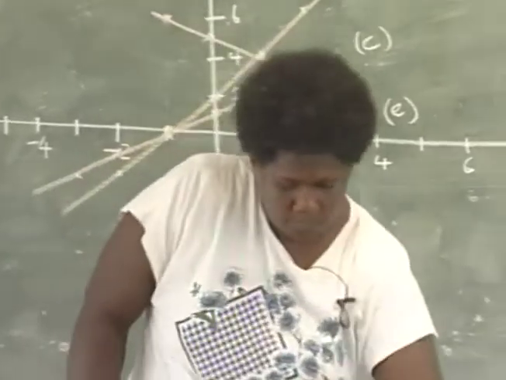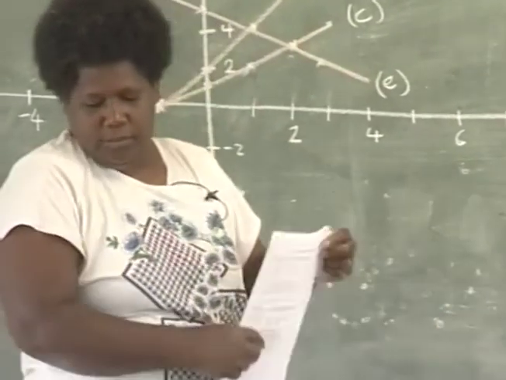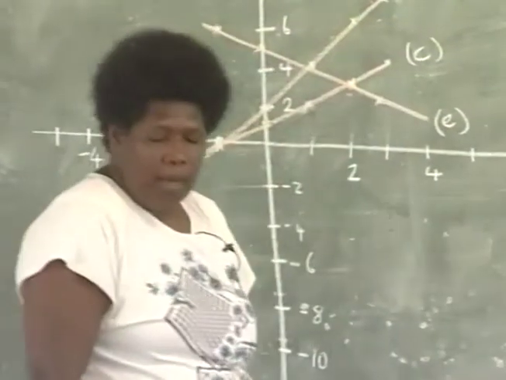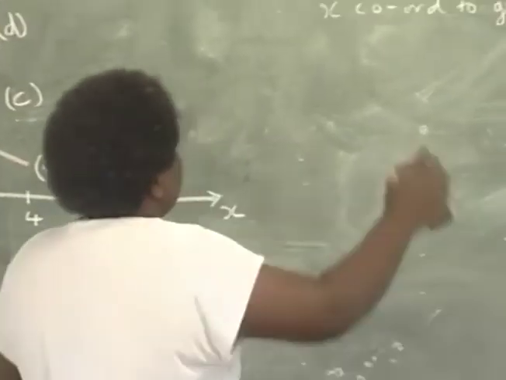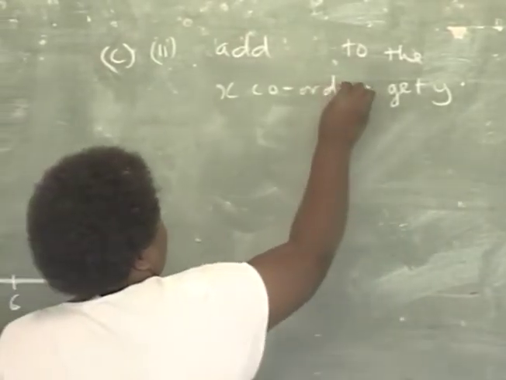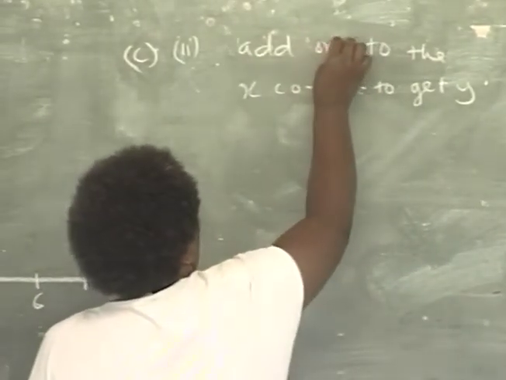Look at the points for letter C. Just go back first. Minus 3, minus 2; minus 2, minus 1; minus 1, 0; 0, 1; 1, 2; 2, 3; 3, 4. You agree? Add 1. Okay, add 1 to the x coordinate to get y.